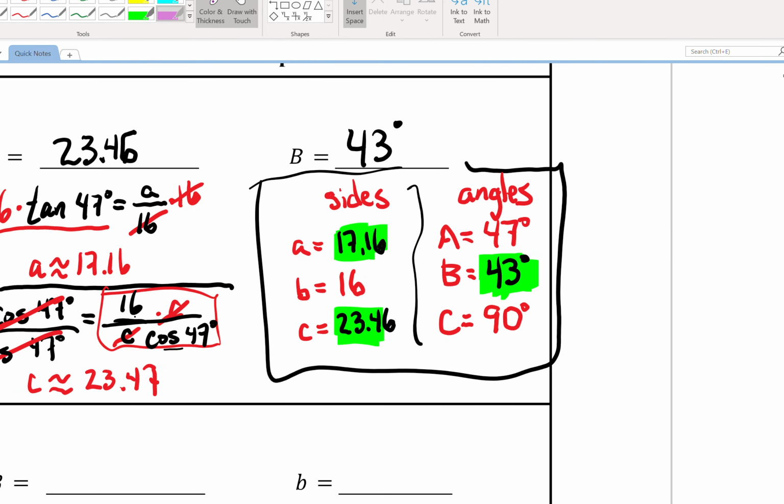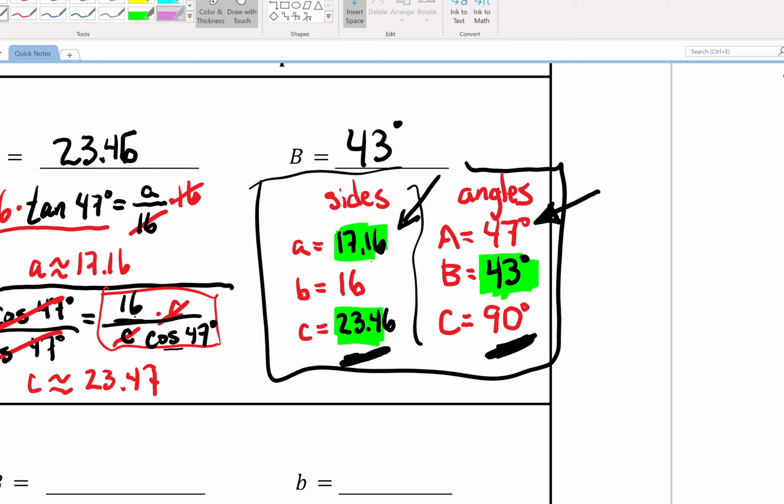We can also check. We can use the Pythagorean theorem. We didn't use the Pythagorean theorem to find this. We used trig ratios. But I could use the Pythagorean theorem to check it. In any triangle, the largest angle is opposite the largest side. And that's true here. 90 degrees is the largest angle, 23.46 is the largest side. The next largest angle should be opposite the next largest side.